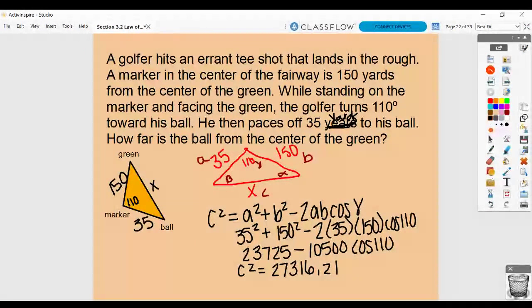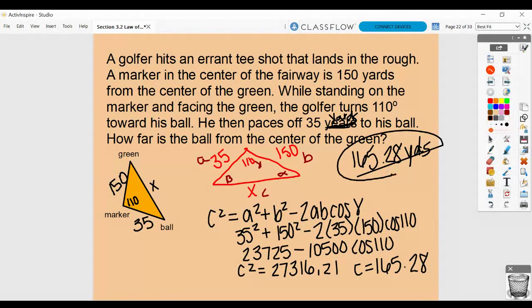We have to take the square root of that in order to get to C. So C is 165.28. So it is 165.28 yards between the ball and the center of the green.